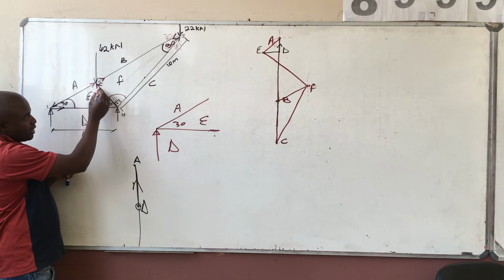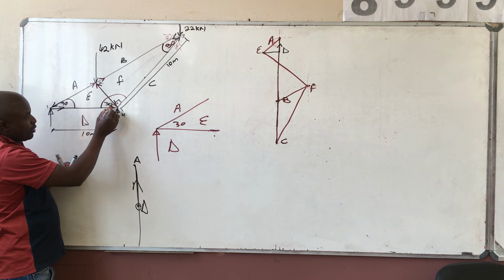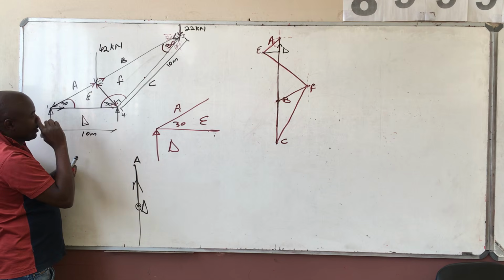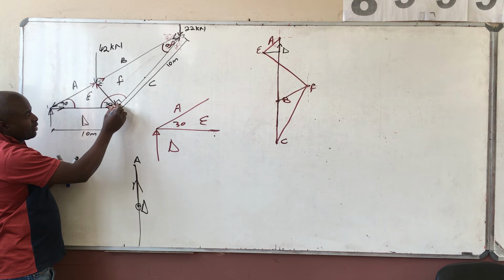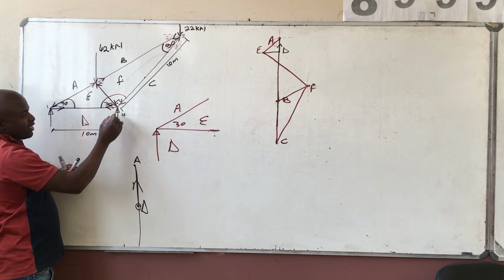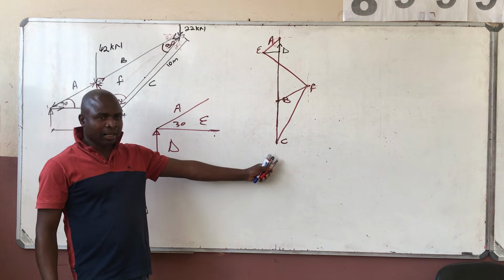Here, for this member, down. For this one? To the right. To the left. To the left. And this one? Down. So, we are done drawing. So this one is your vector diagram.